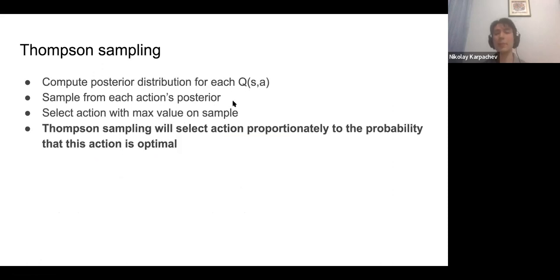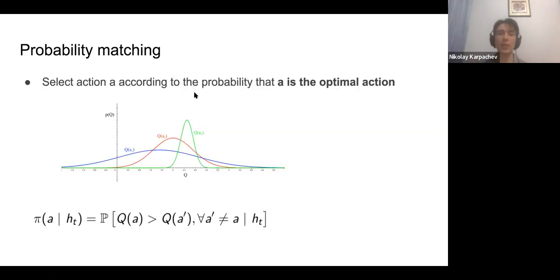Then we sample from each action's posterior distribution. So we sample from the green curve. Some point, it can be here, it can be here, it can be close to the mean, and we sample it. Then we sample from the red distribution. It can be higher than the green sample, or it can be lower.